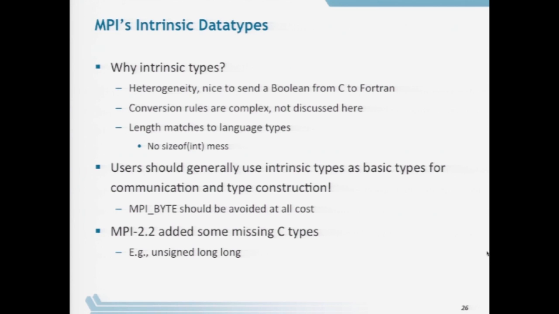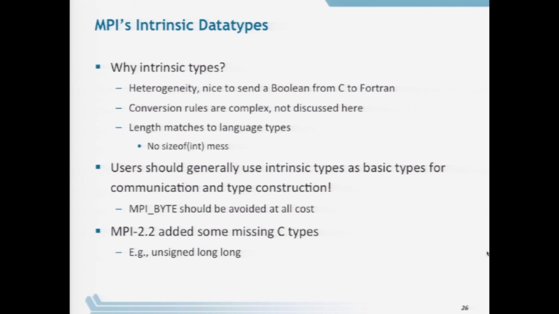The length of an integer is not specified, but there are requirements on how long an integer is relative to, for example, a double or a real. So an integer in Fortran is exactly the length of a real. It's not the length of a double precision, and so forth. If you're writing portable code, if you can deal with MPI ints instead of ints and so forth, you don't have to worry about how many bytes the system has.